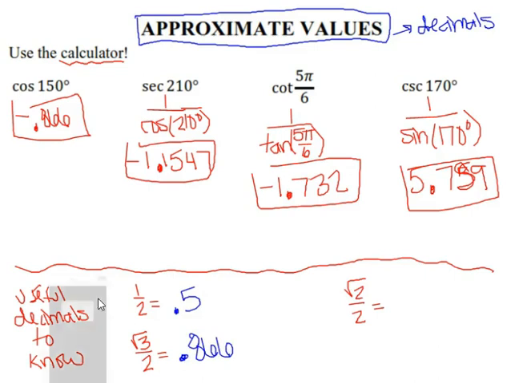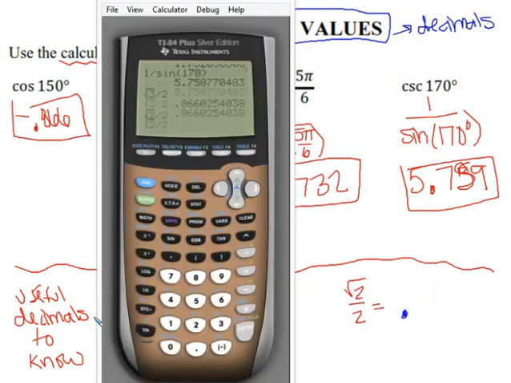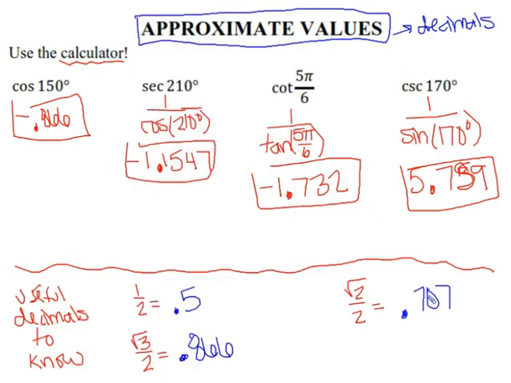And then if we were to try the square root of 2 over 2, square root of 2, come on calculator, be my buddy. Let's see, that's about 0.707.